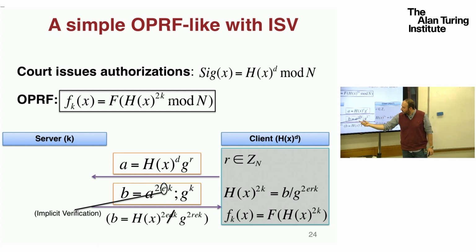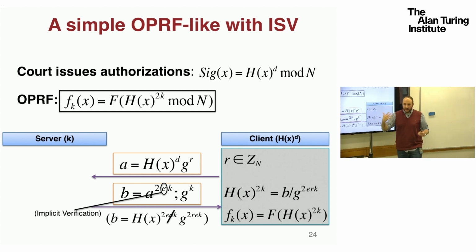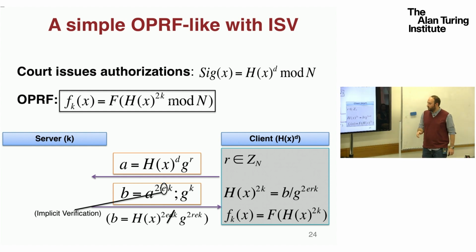Then the server does some exponentiation to the power of e, which is the public exponent that verifies the signature in RSA. Unless you input something to the power d here, this exponentiation to the power e produces random junk. But when you do input d, then e and d cancel out, and that's where the implicit signature verification happens. Again, I don't want to spend all the time on this. We can talk about it offline, or you can read the paper to verify that this is all correct.